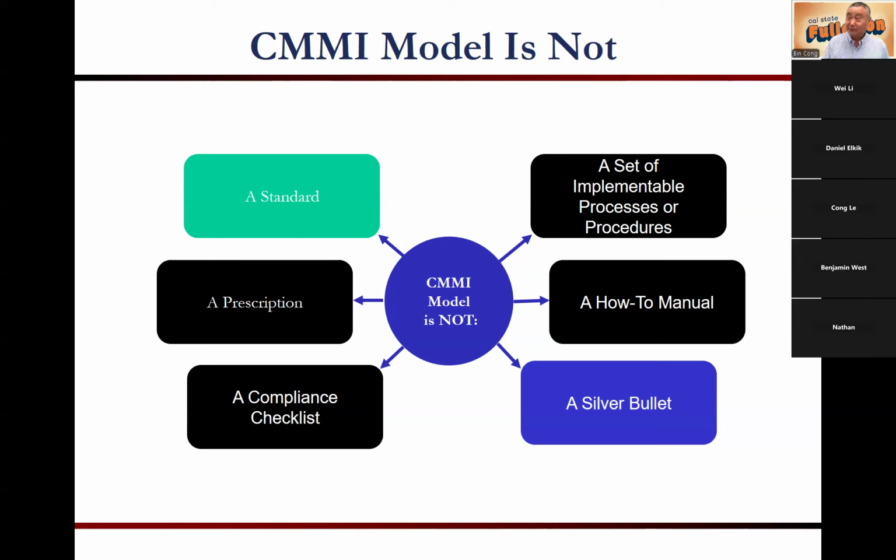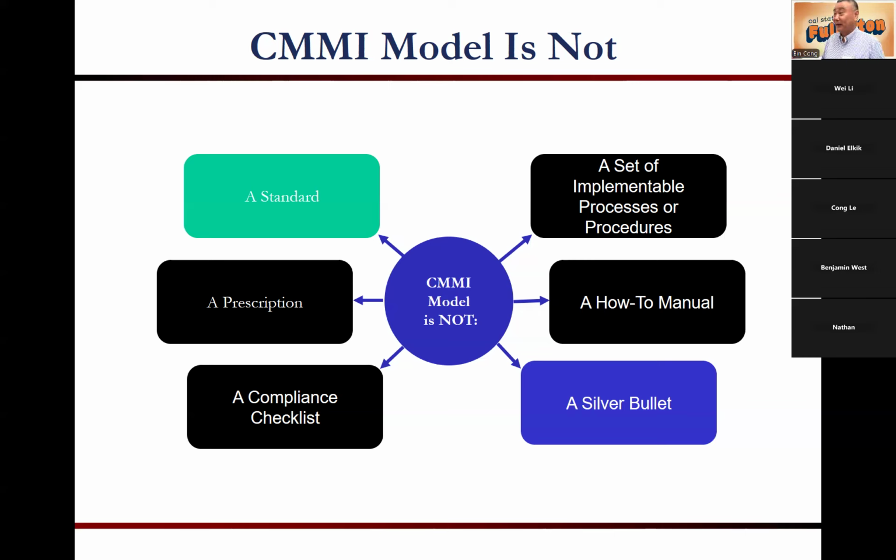And CMMI is not a compliance checklist. It's not compliance driven. It should be value driven. Your goal is not meeting the CMMI standard. Your goal is using CMMI as a tool, fit into your context, to improve the way you build your software.